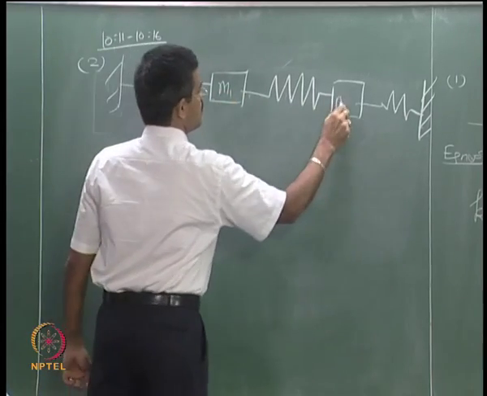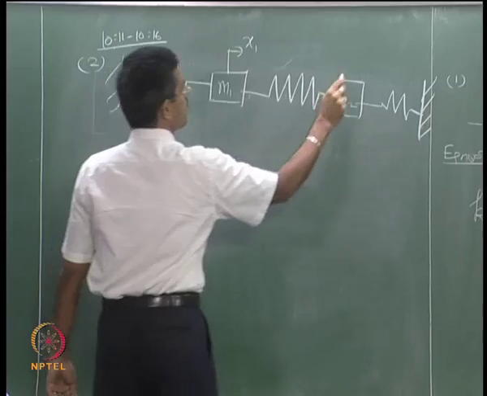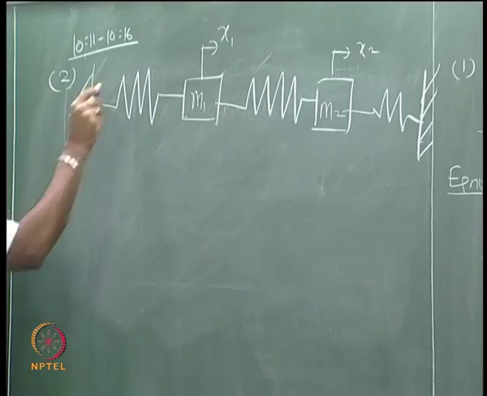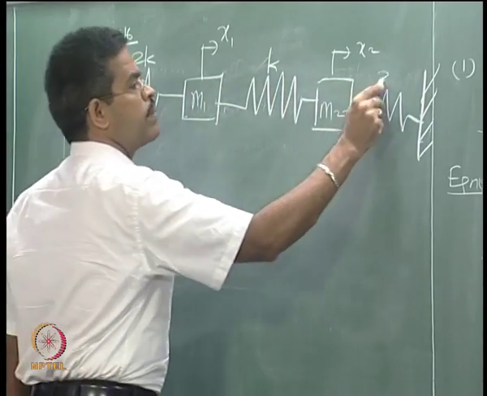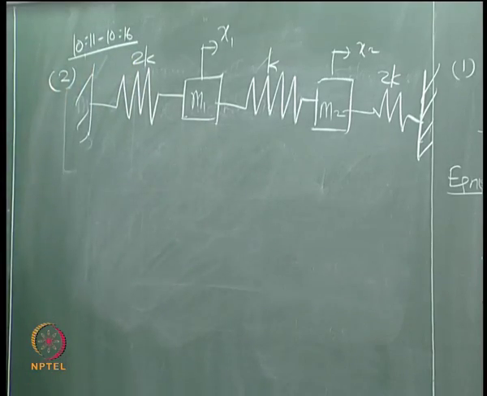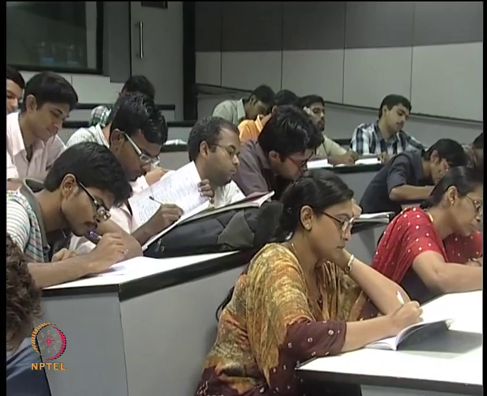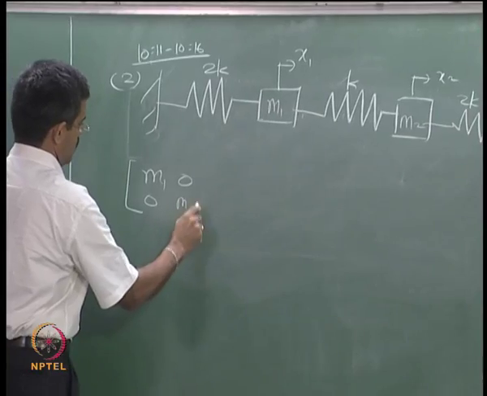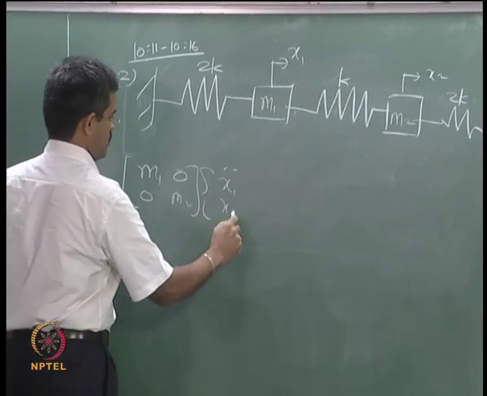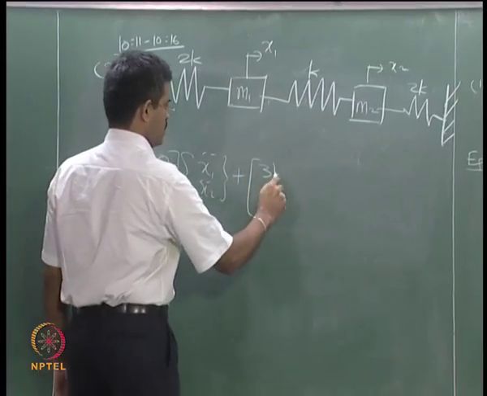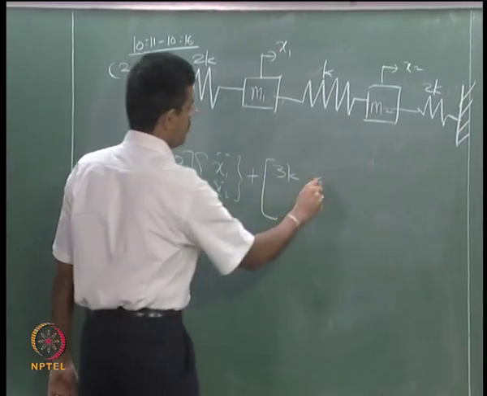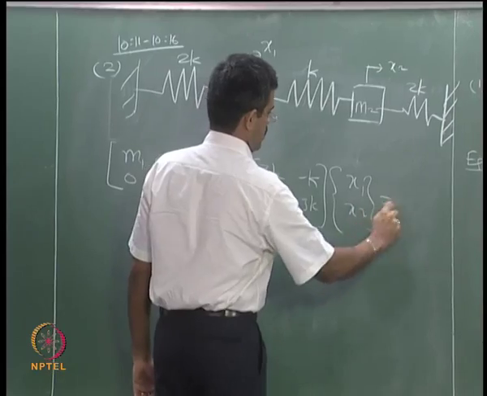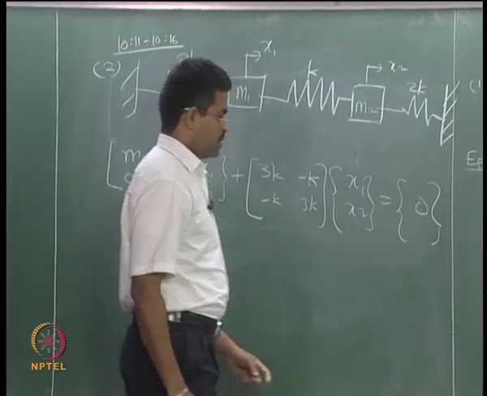So, m1, m2, x1, x2, 2k, k, 2k. So the equation of motion is given as follows; that is how it is obtained.